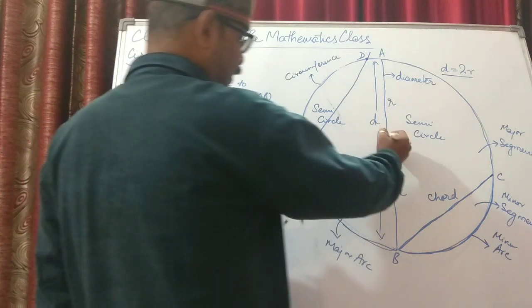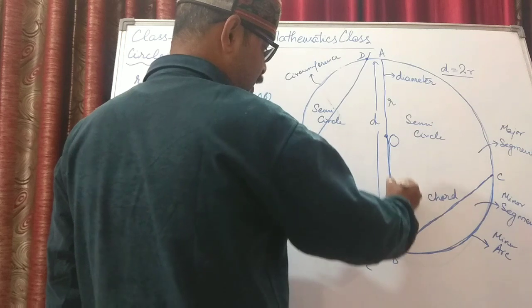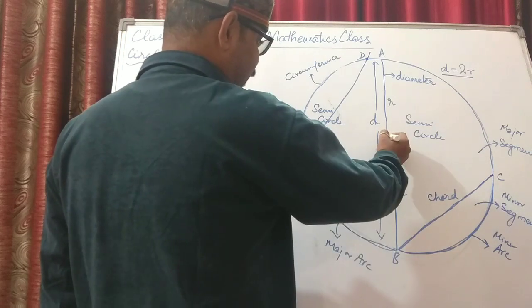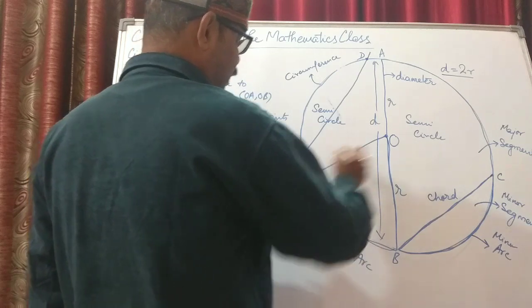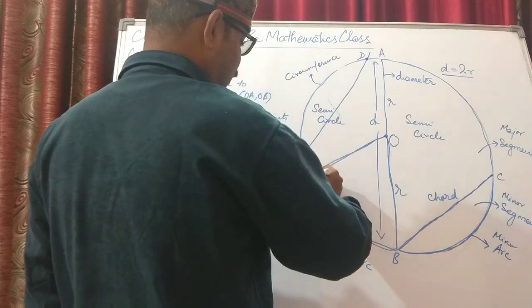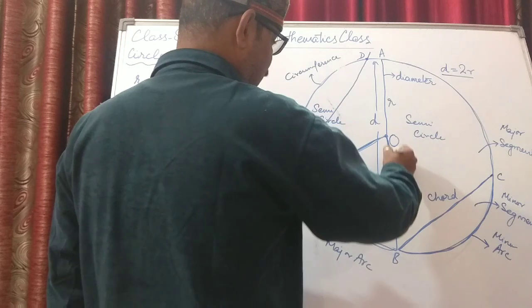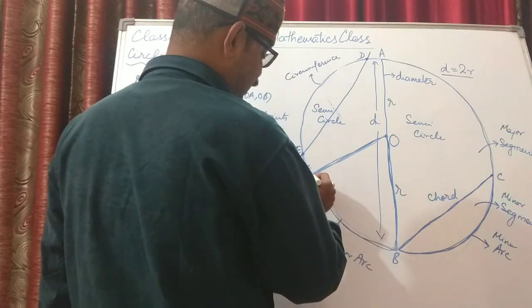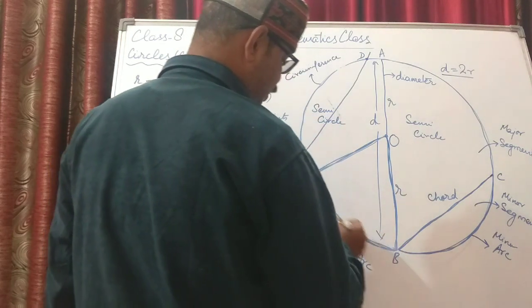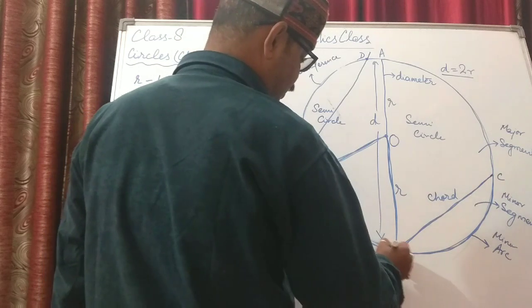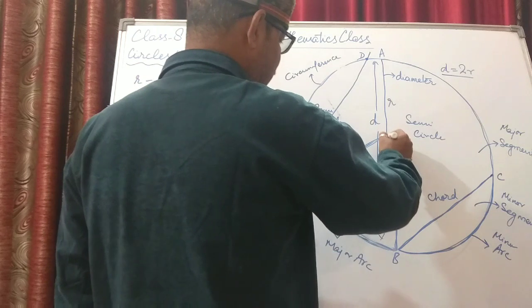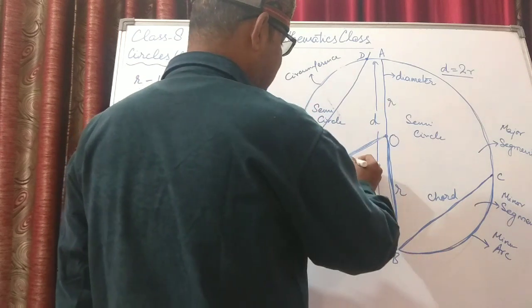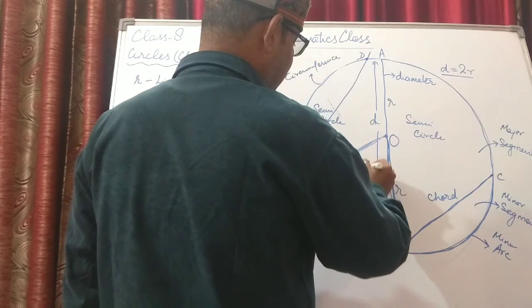If I take this as radius OB and I take another radius, let us say this point is F. F O B, this part, this triangular shaped part which is curved at one end and bounded by radii on two sides, this is known as sector.